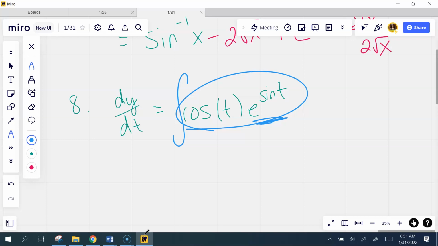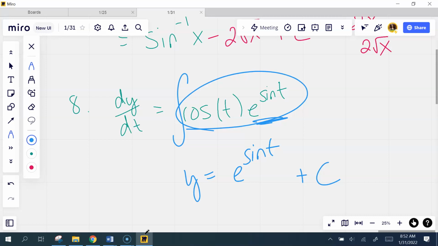Look at this. What if I let y be e to the sine t, plus c? If you then took the derivative of that, what is dy dt? Now chain rule it. Cosine t, plus c. So that's the answer.